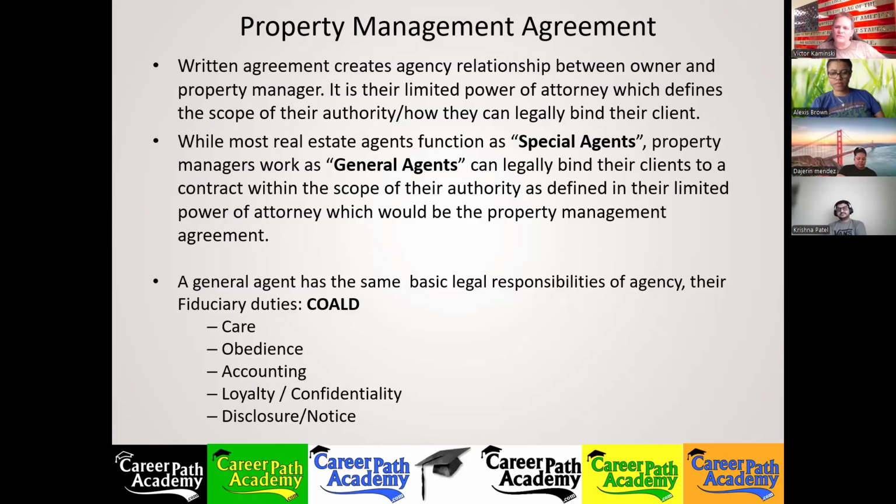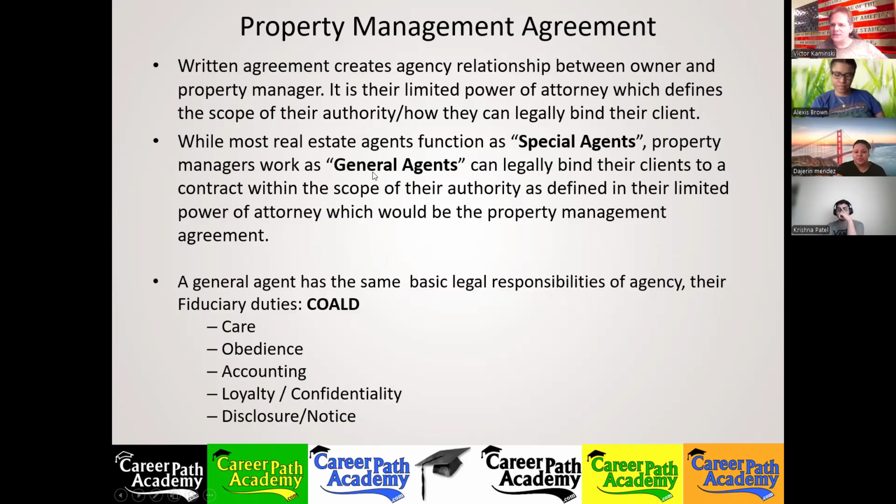If they're a seller, they hire us to market their property to find a ready, willing, and able buyer. We can't do the negotiations on our own without consulting with the owner or accepting offers on their behalf. We have to present those offers to the owner that come in within how long? 24 hours.